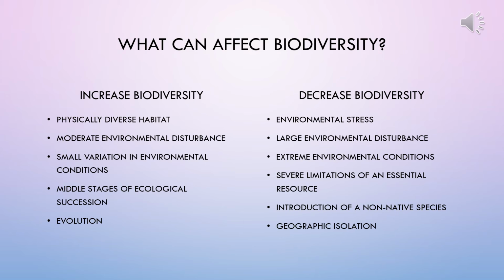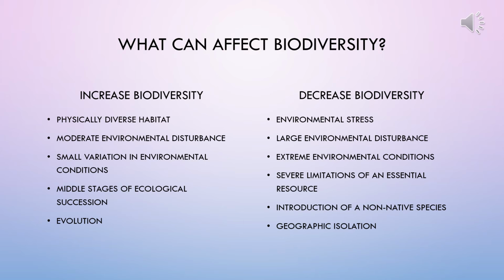It's typically in the middle stages of ecological succession. Remember, this is that primary succession piece when we're moving from bare rock into our climax community. Around the middle of that, the transition from those hardy grasses into the shrubs and early trees are going to be areas of highest biodiversity. And we allow evolution to occur naturally.